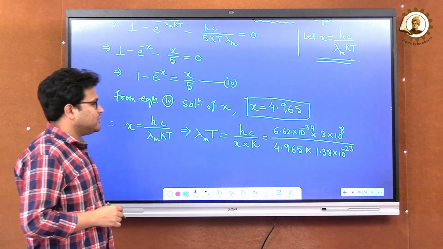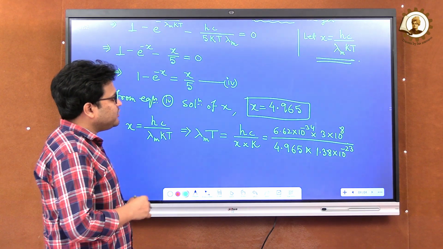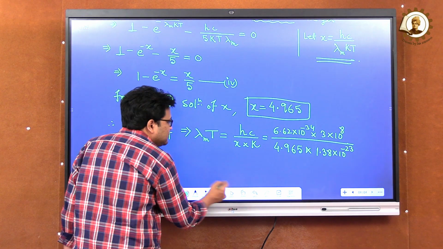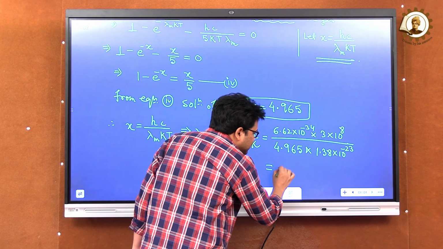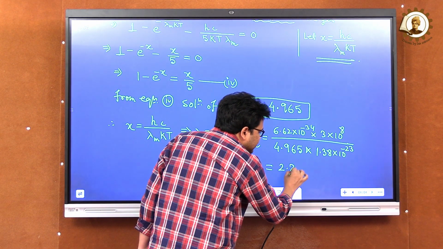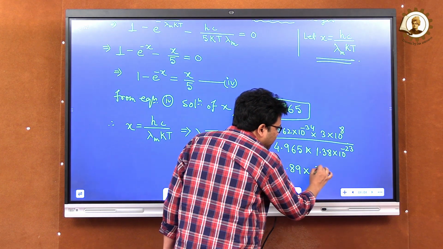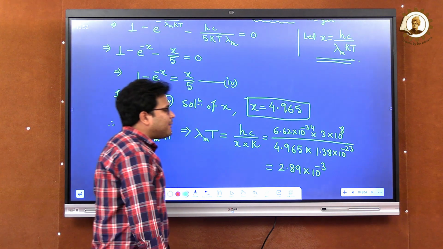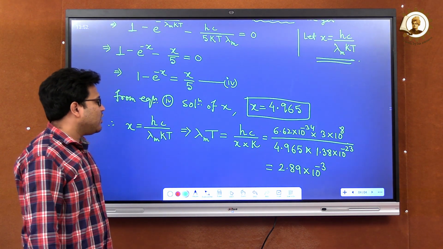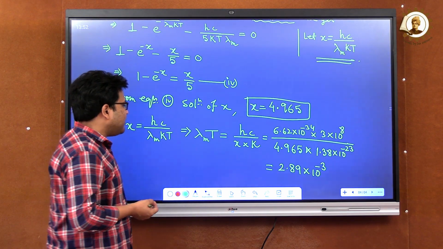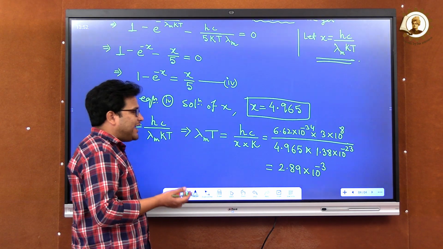If we put all these values in a calculator, then its value equals 2.89 into 10 to the power minus 3. What about the unit on the left? Since all the parameters are taken in SI, the unit should also be in SI.